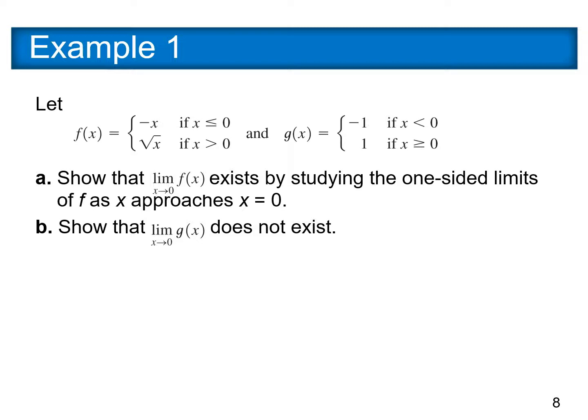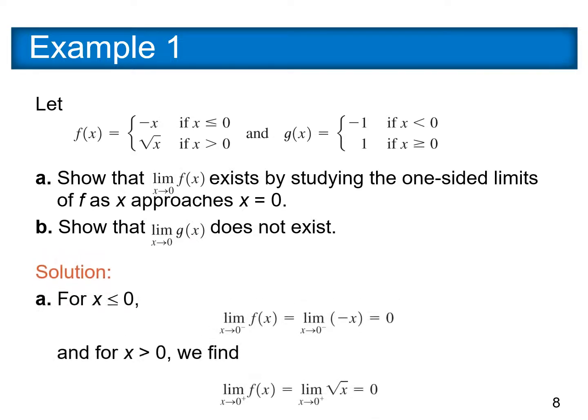For this exercise, I want to show that the limit as x approaches 0 of f of x exists by studying the one-sided limits as x approaches 0. And then I also want to show that the limit of g as x approaches 0 does not exist. So let's start with function f.